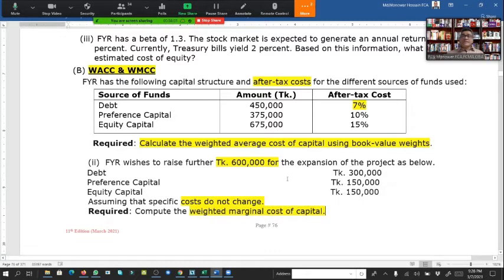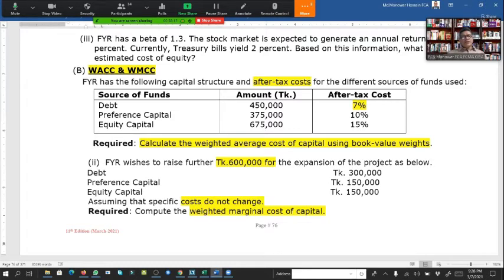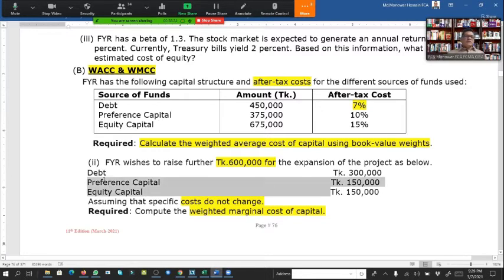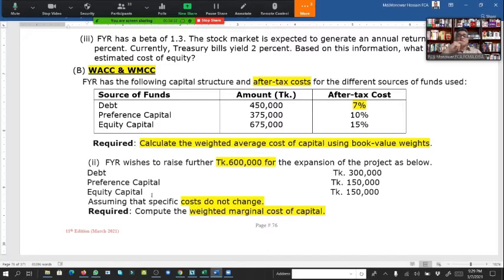Why is it called marginal? It is separate, fully separate from this weighted average cost of capital. This 6 lakh is marginal. As we study in statistics, when a consumer gets the last item, the marginal satisfaction comes from the last item consumed.